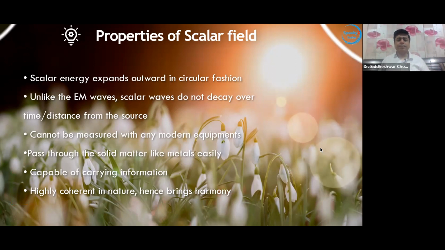Last but not the least, the scalar field is highly coherent in nature. It brings harmony. This point is very simple to understand. All of us know what is meant by harmony and disharmony, be it the harmony of thoughts, the harmony of environment, or the disharmony of the electromagnetic field we live in. These days, a very common word is resonating with all of us. Can someone tell me what that is?